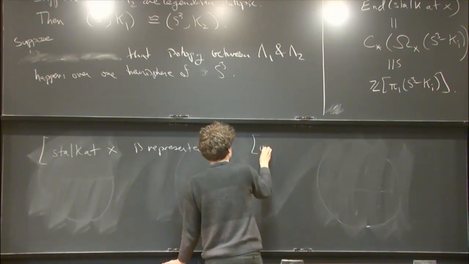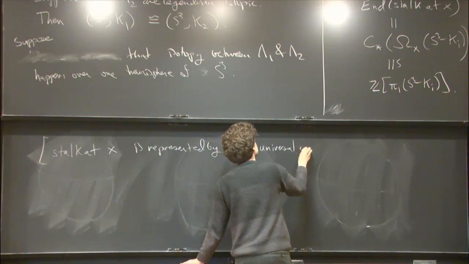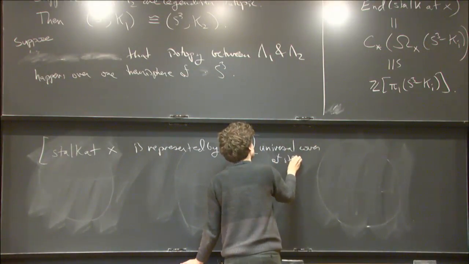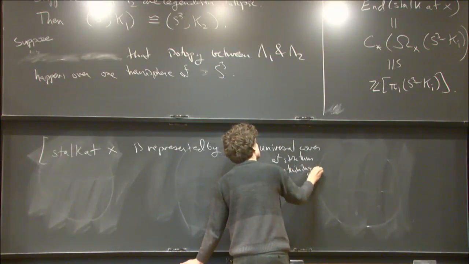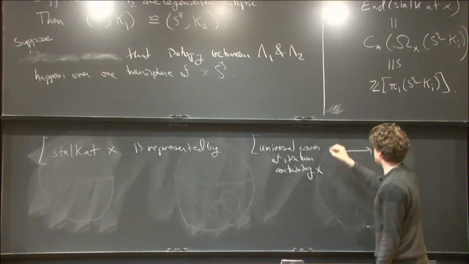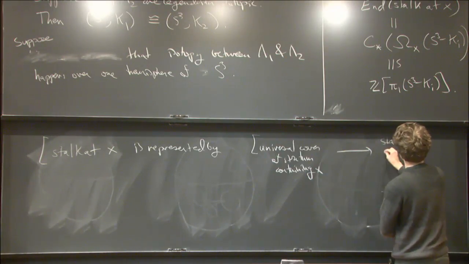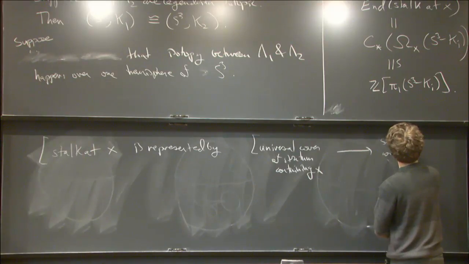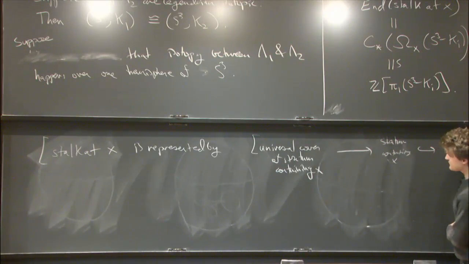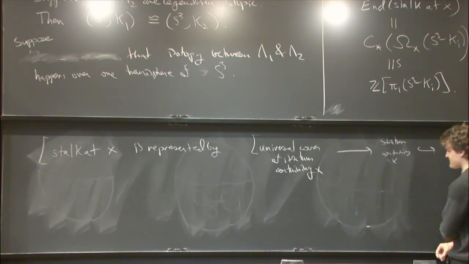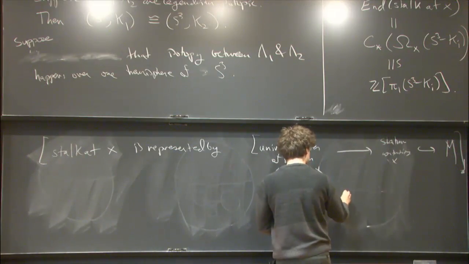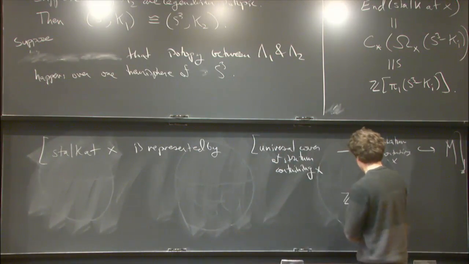I take the universal cover of the stratum containing X, and I look at the map to the stratum containing X, and then the inclusion into M. I look at that composition, and I take the push forward with proper supports of just the constant sheaf on the universal cover.